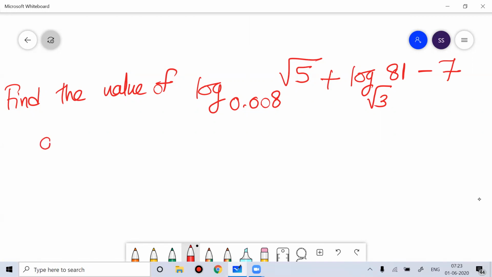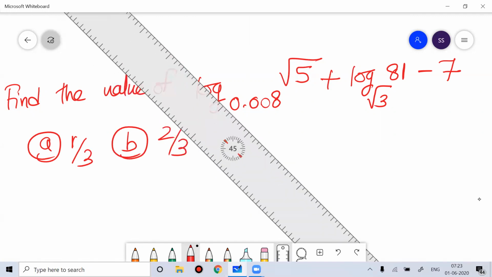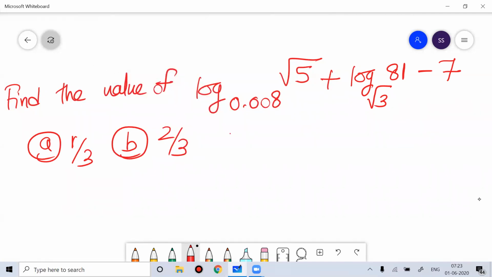Your options are 1 by 3, 2 by 3, option C is 5 by 6, option D is 7 by 6. So you have to find the value of this.